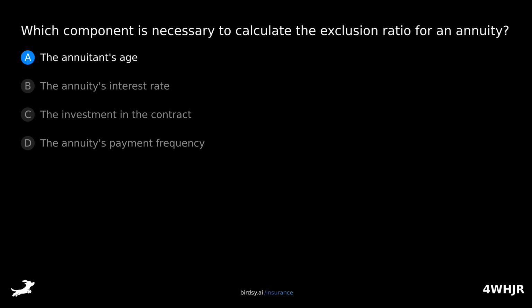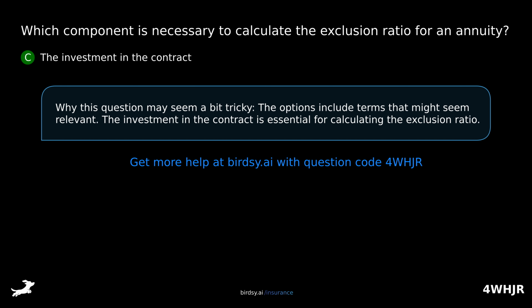Is it A, the annuitant's age, B, the annuity's interest rate, C, the investment in the contract, or D, the annuity's payment frequency? The answer is C, the investment in the contract. Why this question may seem a bit tricky. The options include terms that might seem relevant. The investment in the contract is essential for calculating the exclusion ratio.